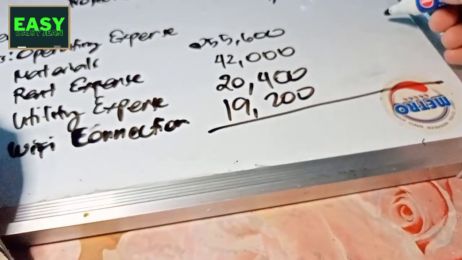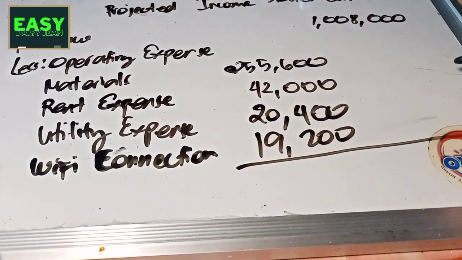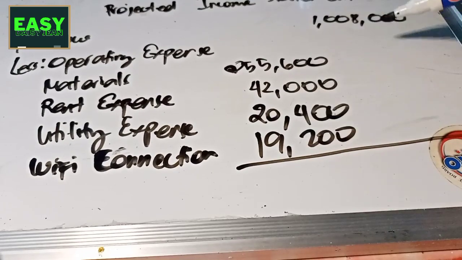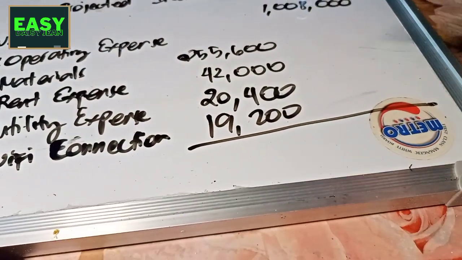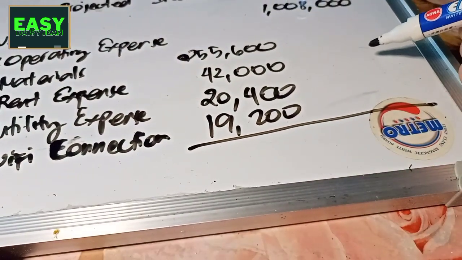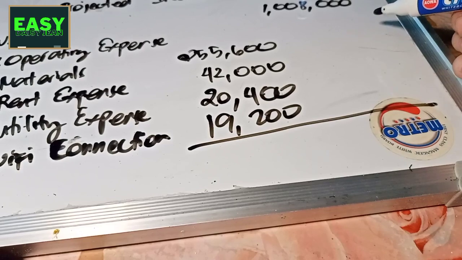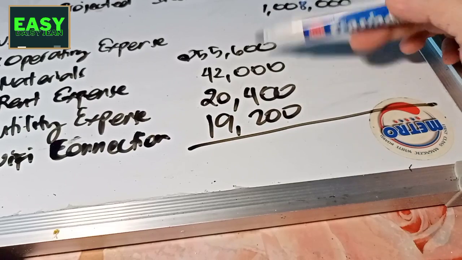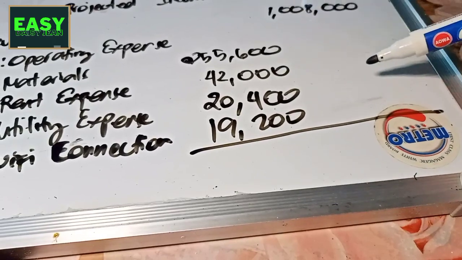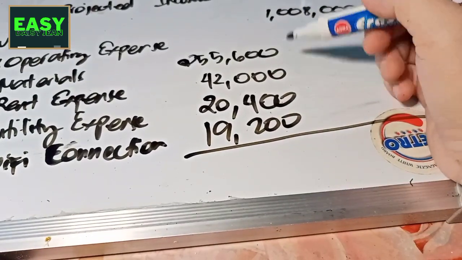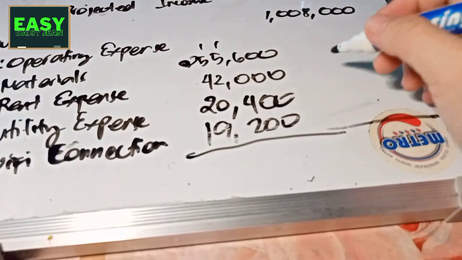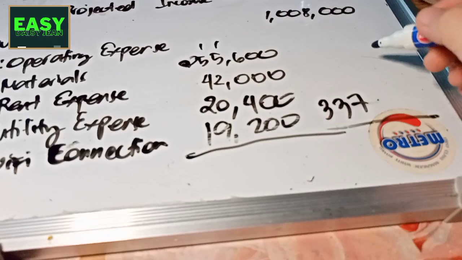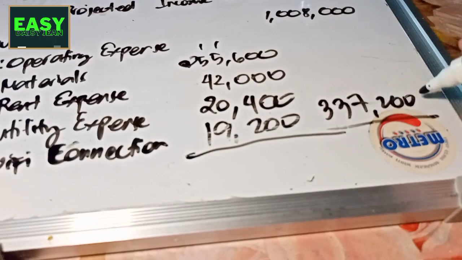So as you can see in the placement, there is your revenue, here are your expenses. If you review your accounting, this is what we call single step. Single step because revenue is deducted by the operating expenses. Then you total all of this. The operating expenses total 337,200, right?